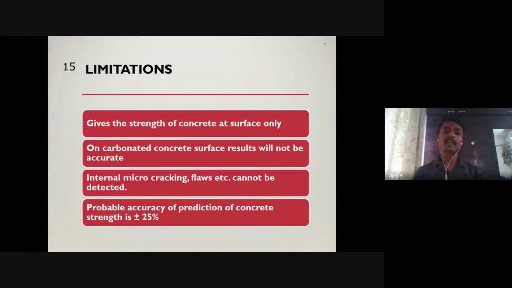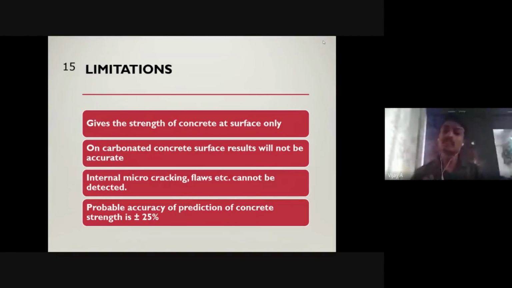On a carbonated concrete surface, results will not be quite accurate. Internal micro cracking and flaws cannot be detected. Okay, internally if there are any micro cracks, these are the limitations of the rebound hammer. Suppose you have a question: in case of micro cracking or flaws, I want to understand whether the reinforcement I have provided in the beam is very corroded or in good condition, or whether it has developed any cracks, or whether the concrete has voids or did not get compacted well internally.